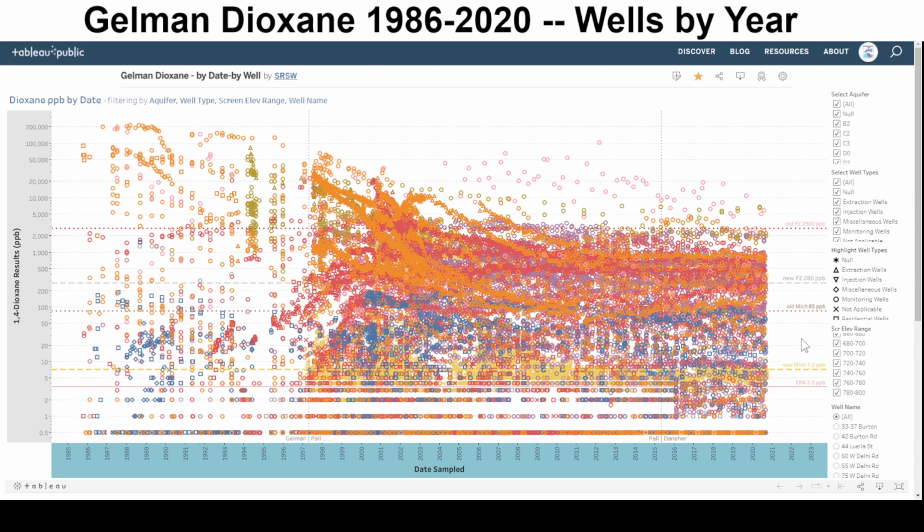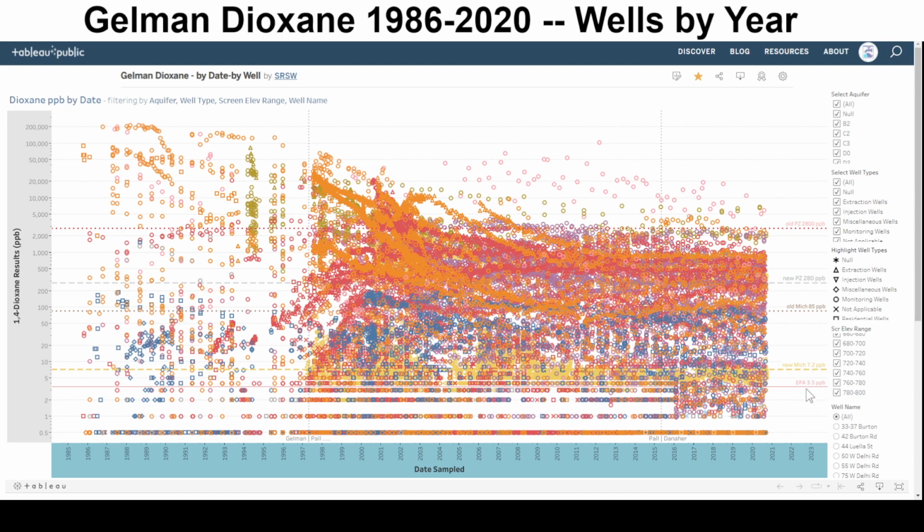Now here we have some lines drawn across it for the old prohibition zone groundwater surface water interface of 2800 parts per billion, the new one of 280 parts per billion, the old Michigan cleanup standard for dioxane of 85 parts per billion, and the new Michigan one of 7.2 parts per billion.